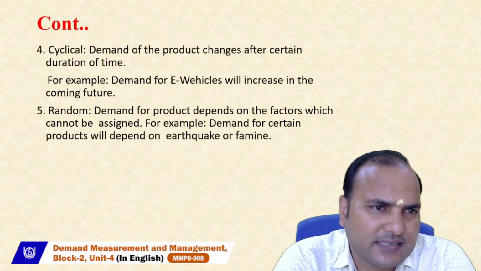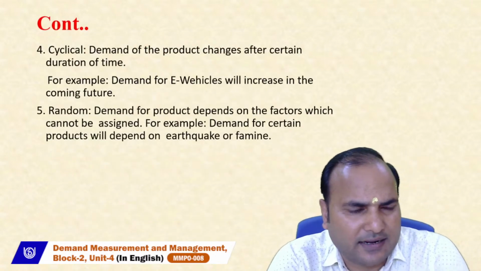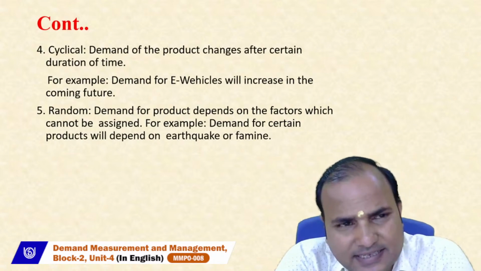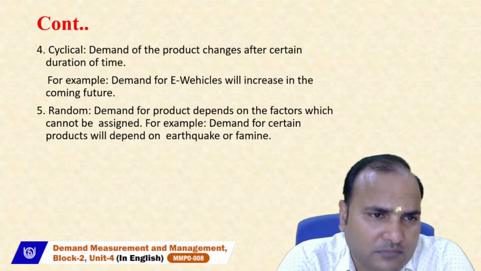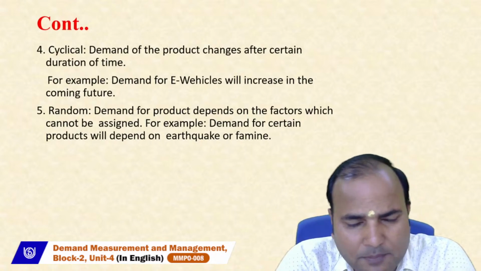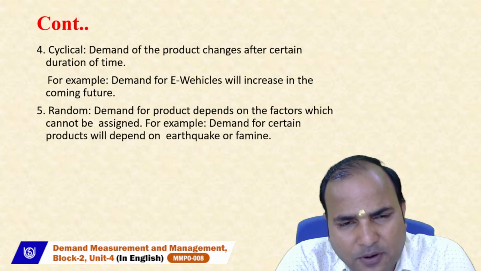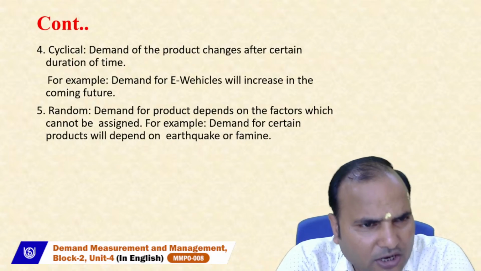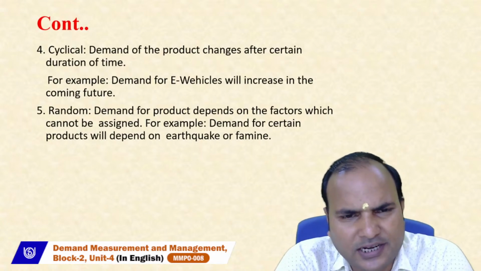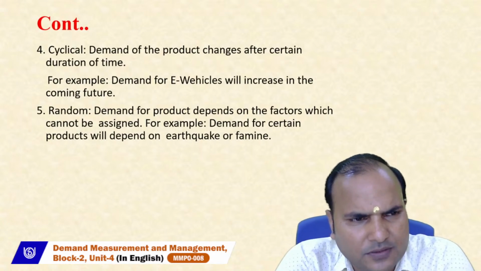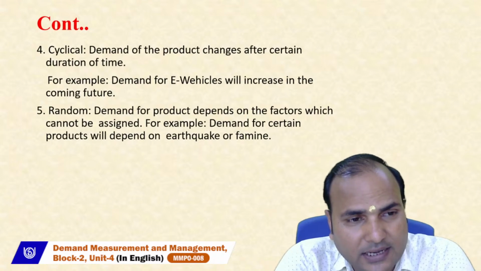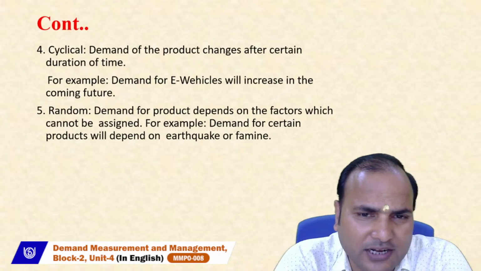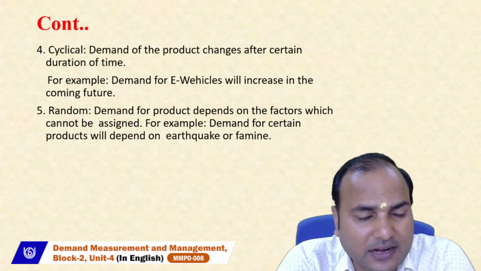Another is cyclical. The demand of the product changes after a certain duration of time. For example, the demand for e-vehicles will increase in the coming future. It is clearly understood. But in the random, the demand for a product depends on factors which cannot be assigned.